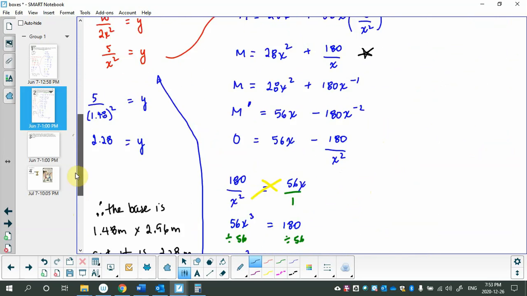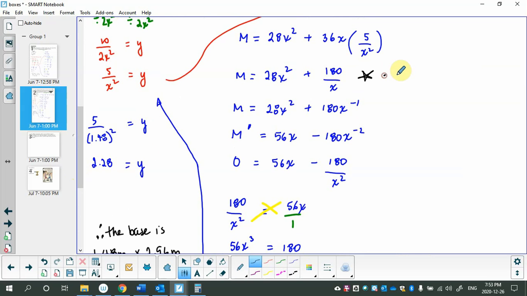X is 1.48. So 28 times 1.48 squared plus 180 over 1.48 equals.